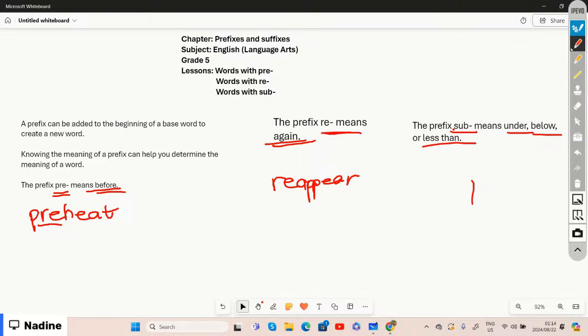Preheat means that, for example, you are baking or doing something in your oven, and the instructions say preheat your oven to 180 degrees. That means that while you are busy chopping up certain things and getting your ingredients ready, you need to put the oven on at whatever degrees, so that is you preheat.